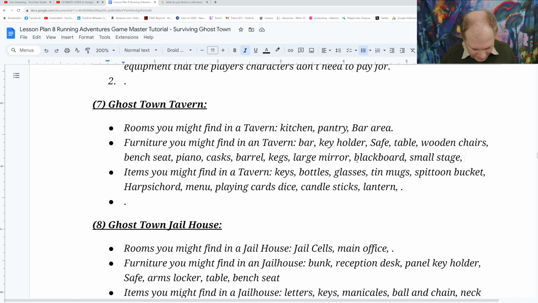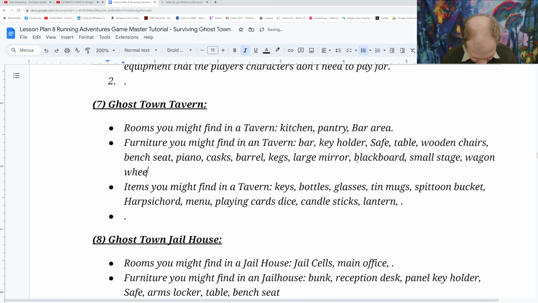Yes, I know what you're talking about, Fred. Lanterns, wagon wheel and chandeliers. Whew. There's quite a bit.